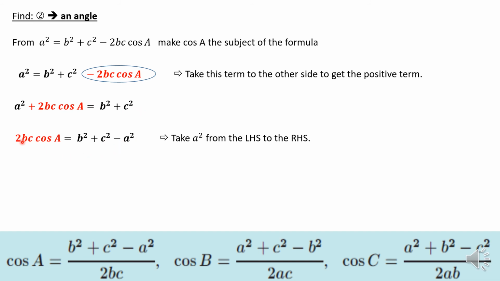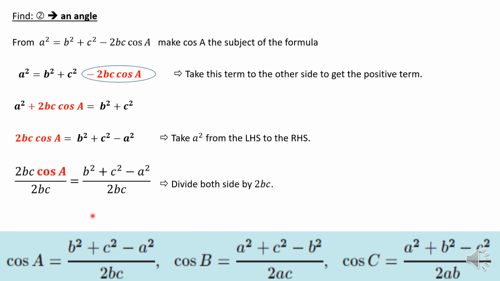Then I must get rid of the 2bc that I have here. And the way you get rid of that 2bc is you simply divide both sides. When you divide both sides, then eventually you will end up with cos A equals b squared plus c squared minus a squared, all over 2bc.